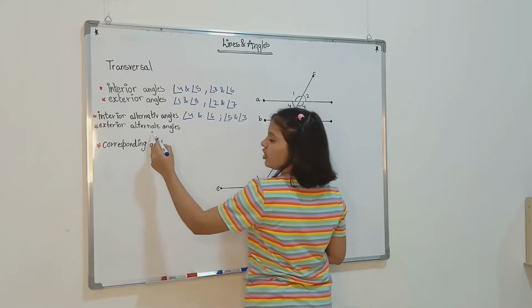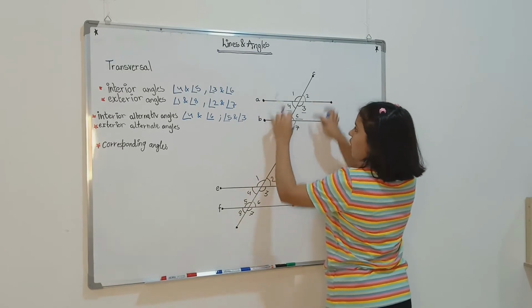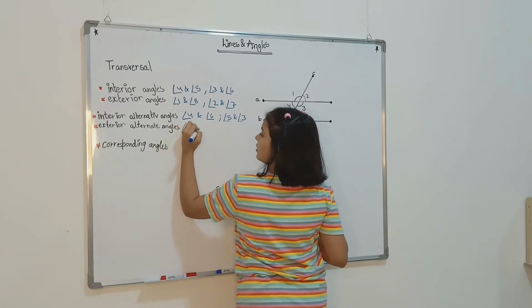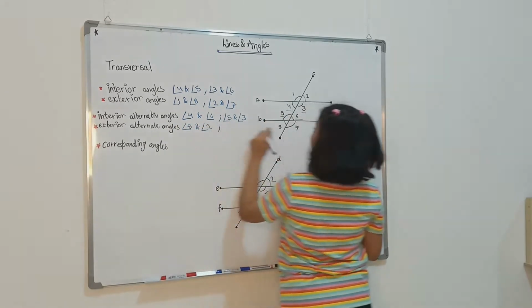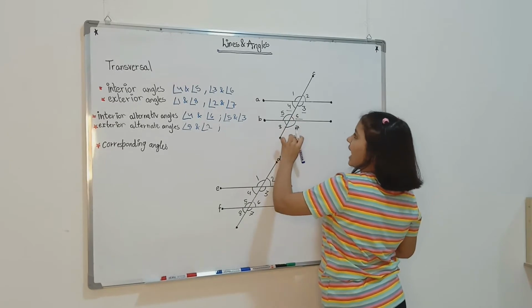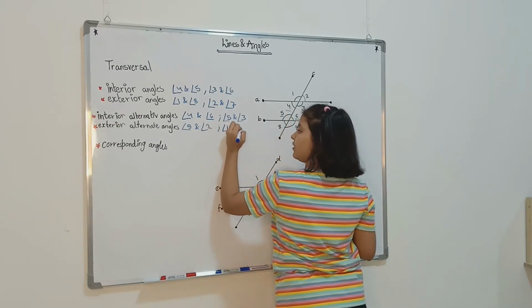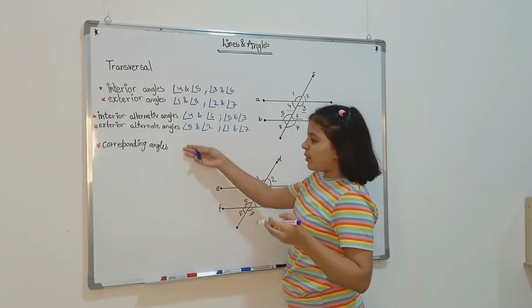Next are alternate exterior angles, means they're exterior angles but are alternate. Here examples are angle 8 and angle 2, angle 1 and angle 7. Last is corresponding angles.